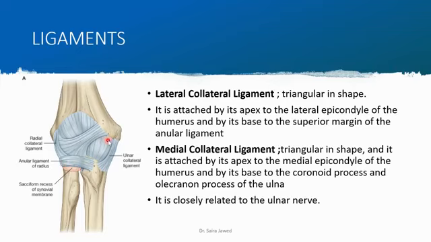And the medial collateral ligament is attached to the medial condyle of the humerus above and ulna below. This ligament is closely related to the ulnar nerve. This is important to know because if there is dislocation of the elbow joint, then the ulnar nerve can be damaged.